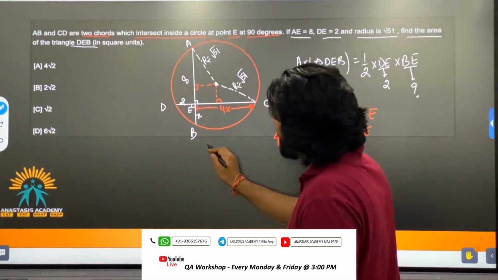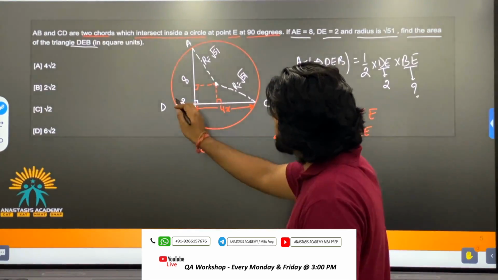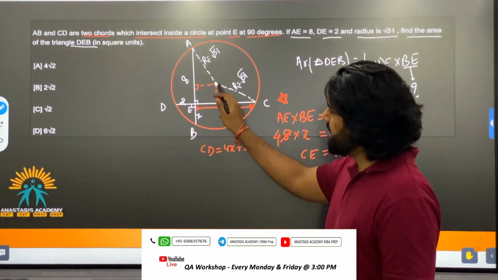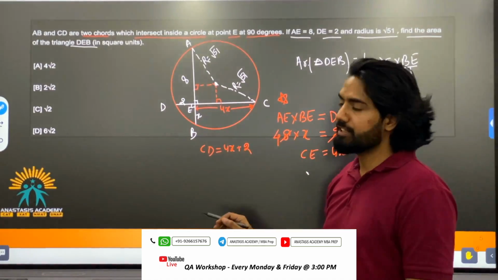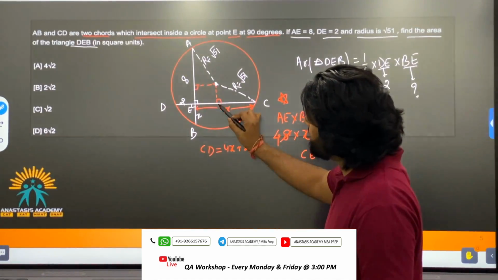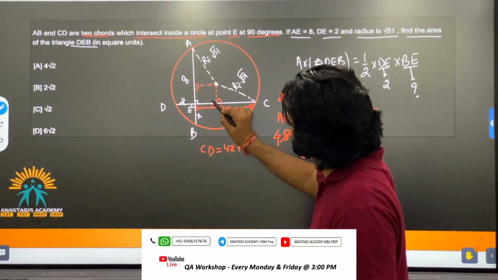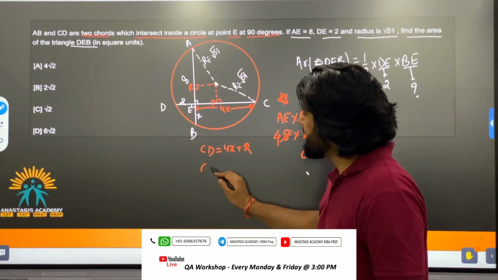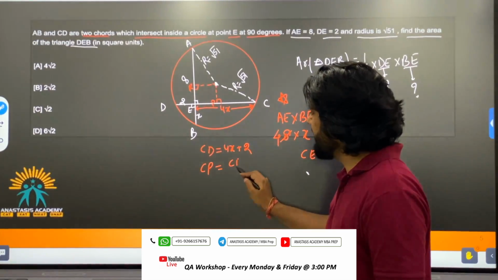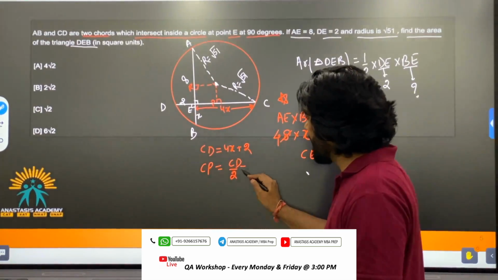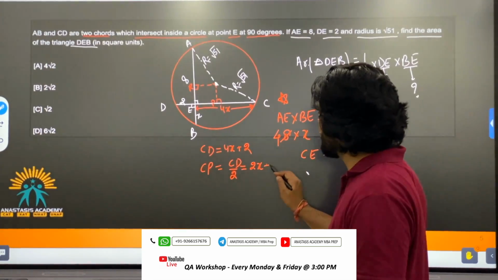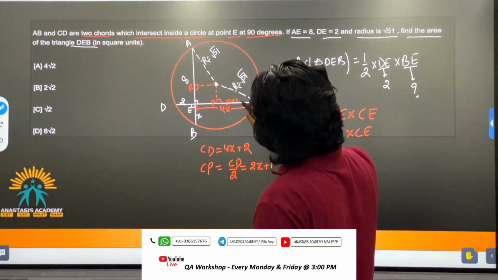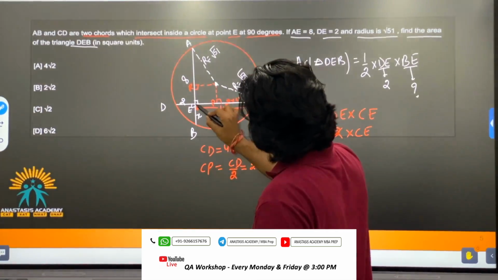So this chord CD would be 4x plus 2, and because the perpendicular is bisecting this chord, I am assuming this point as P and the other point as R. CP would be half of CD, that is 2x plus 1.